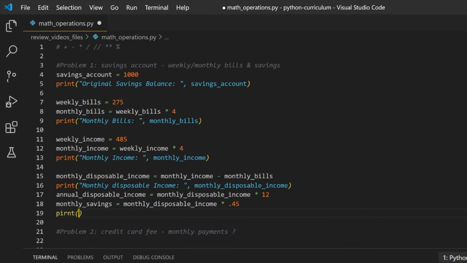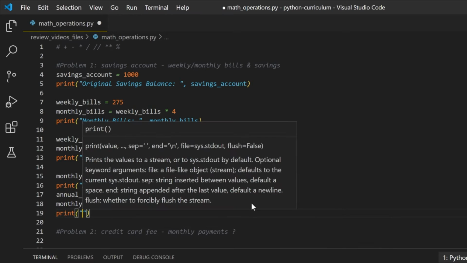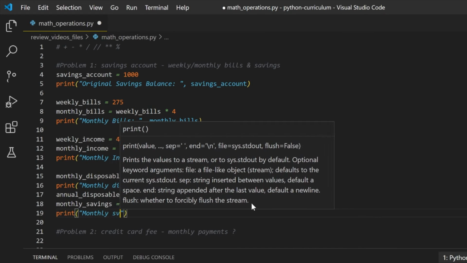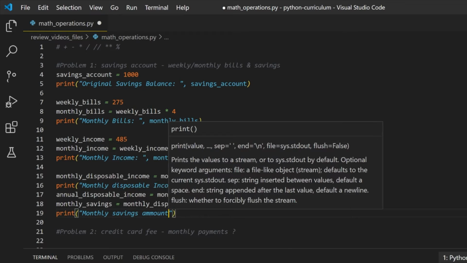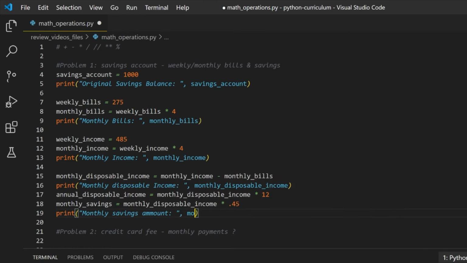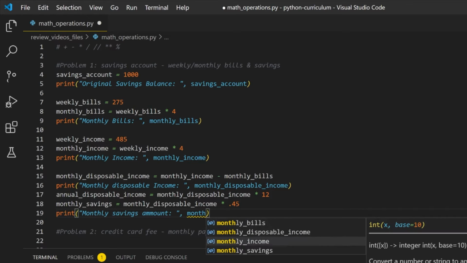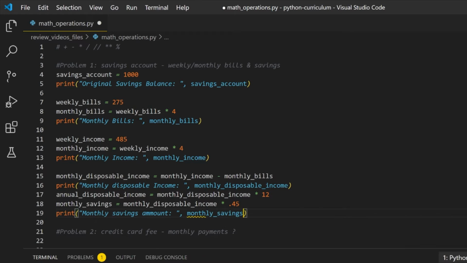And we can print this out. Print monthly savings amount. And let's print out monthly savings. Oops. There it is. Okay.